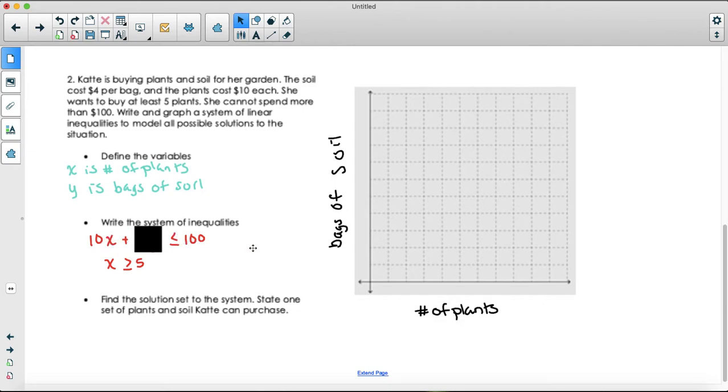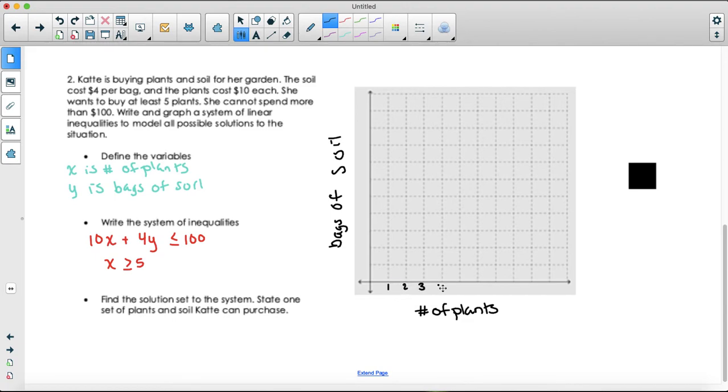So x would be 10. So I need to go up to 10 on the x's. So on the y's, I need to divide by 4, and I have to go up to 25. So if I count by 2's, I'll get up to 22. So let's count by 2's so that I can get as close as possible. So for the x's, we can count by 1. So 1, 2, 3, 4, 5, 6, 7, 8, 9, 10, 11.